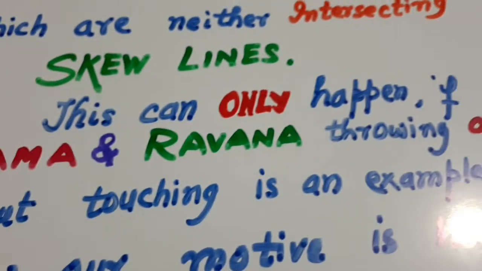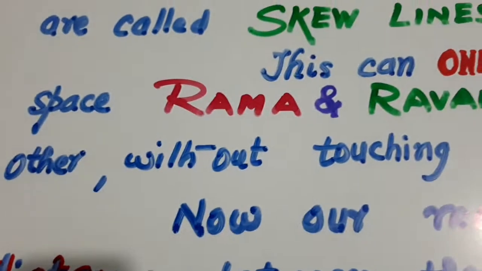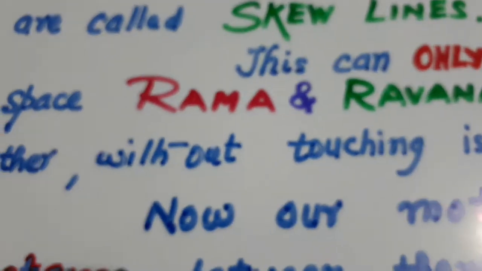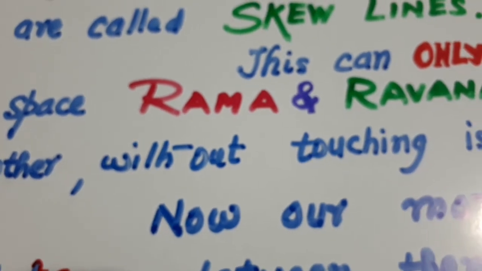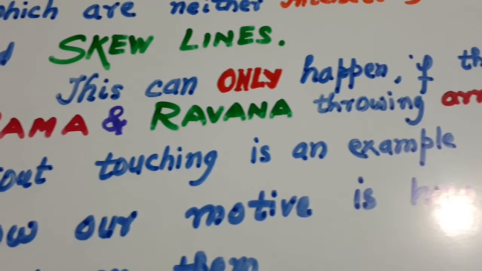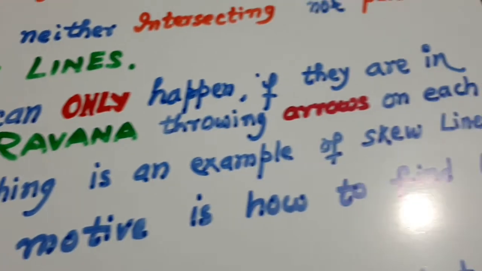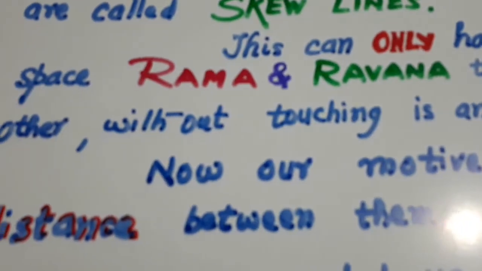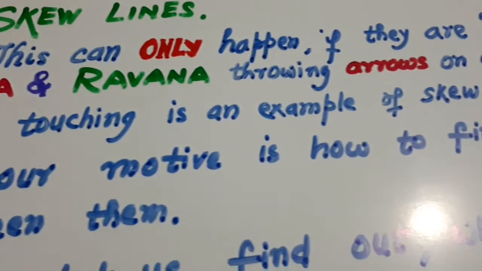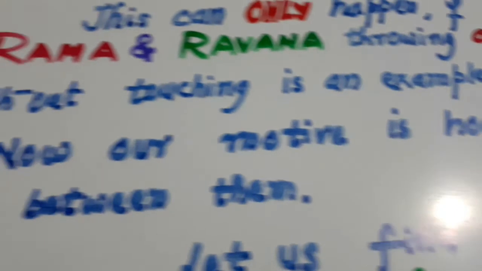This can only happen in space. Let us take the case of Rama and Ravana throwing arrows at each other without touching; this is an example of skew lines.